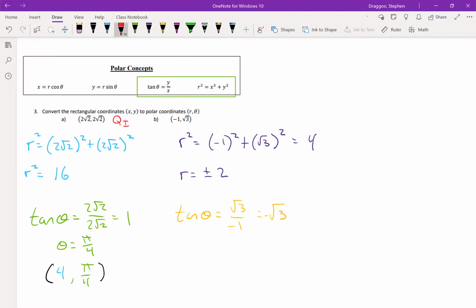So looking back up at the point, we have a negative x value and a positive y value, which means we're in quadrant 2. So if we want to keep using a positive value for r, I'm going to need to pick an angle that is in quadrant 2, which means that for my angle, I'll choose 2 pi over 3, since that'll keep us in quadrant 2.